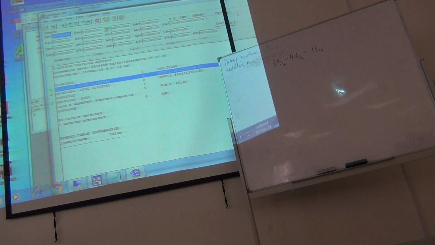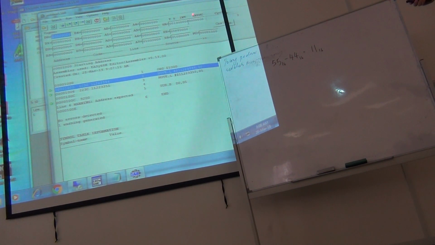So you have this data register. You have this address register. You have to look now at this status register. This one. And only 5 bits that you need to concentrate on, which is the X, N, Z, V, C. Okay, now you execute the line, look at the result.